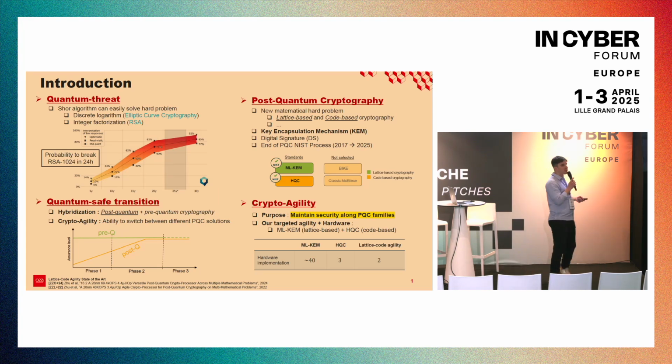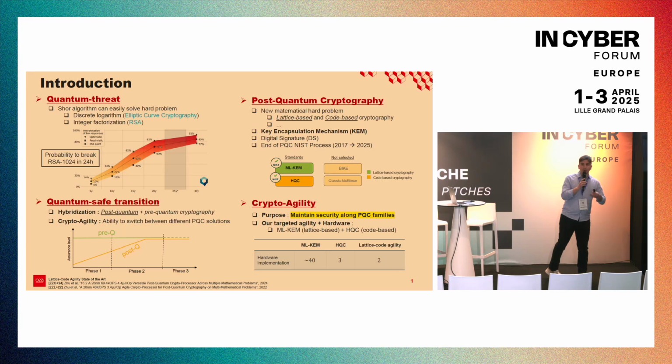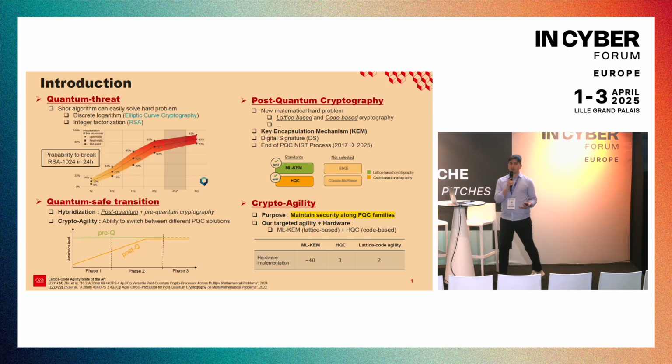In this presentation, we will study the crypto agility between the two NIST standard key encapsulation mechanisms, ML-KEM and HQC. If we look at the state of the art regarding hardware implementation, there are just a few works which implement this crypto agility without using an efficient sharing strategy. This is actually the problem that we want to cover in this presentation.